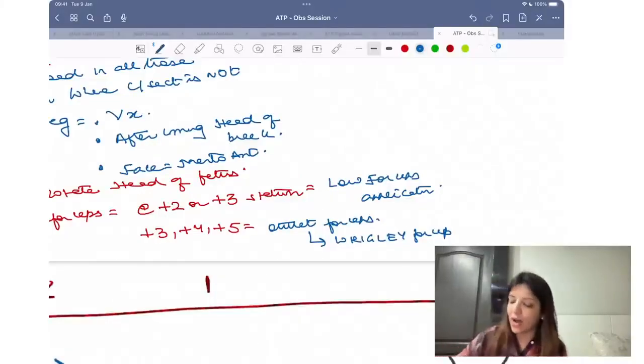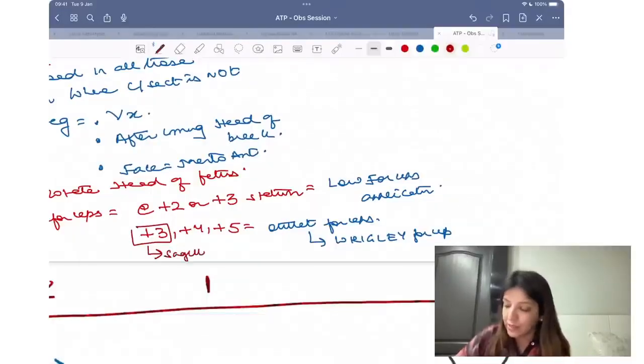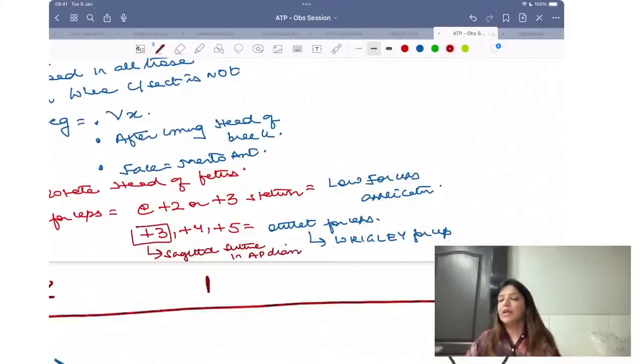In that case, you have to look at whether they have said that the sagittal suture is in AP diameter. If the line sagittal suture in AP diameter is given, then it is outlet forceps, right?